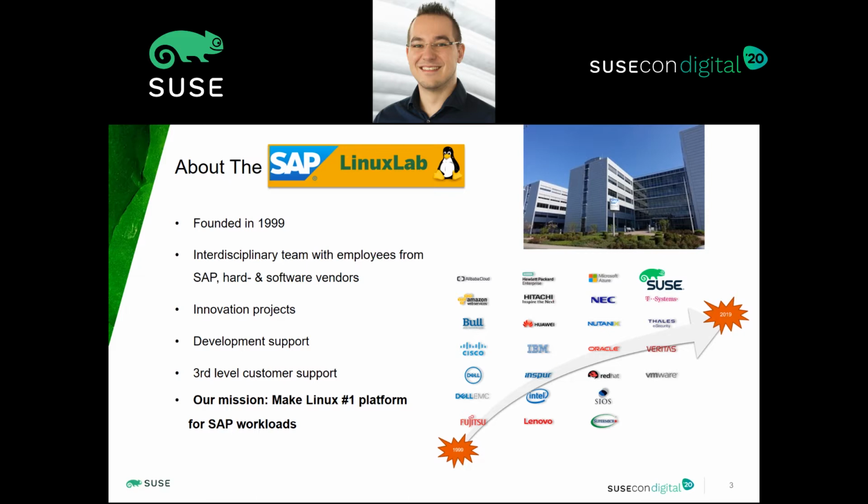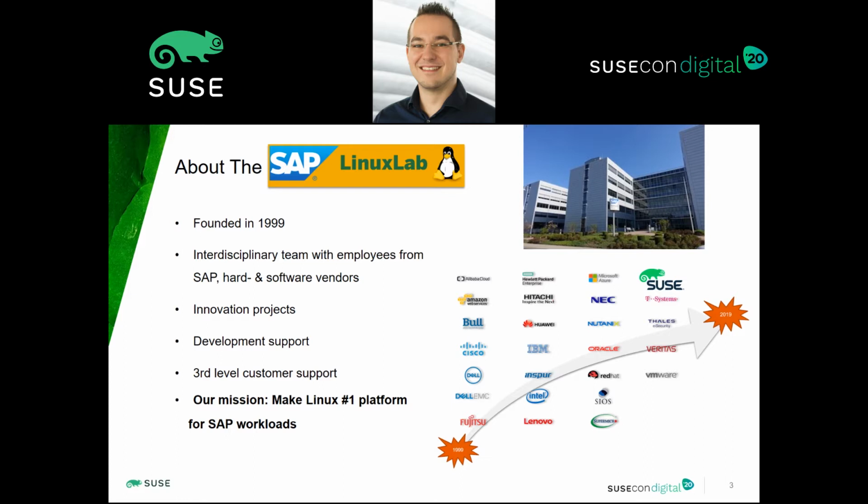This one works like this. If a customer faces an issue or has questions, he will contact SAP describing his problem. SAP then will be kind of a proxy and will forward the incoming request to the best fitting partner. So if a customer has an issue related to SUSE products, SAP will forward the issue to the SUSE Linux Lab team.